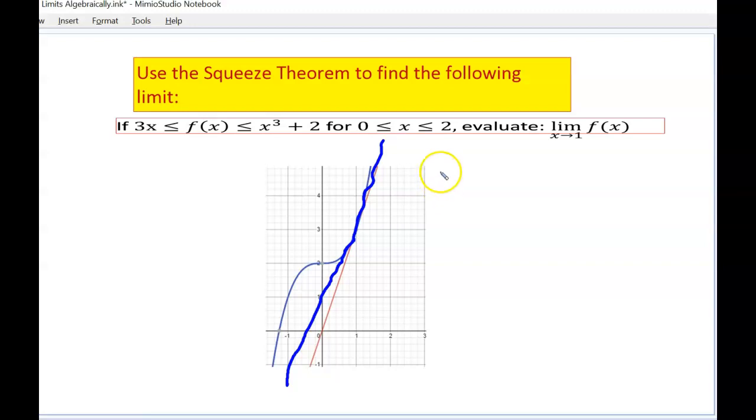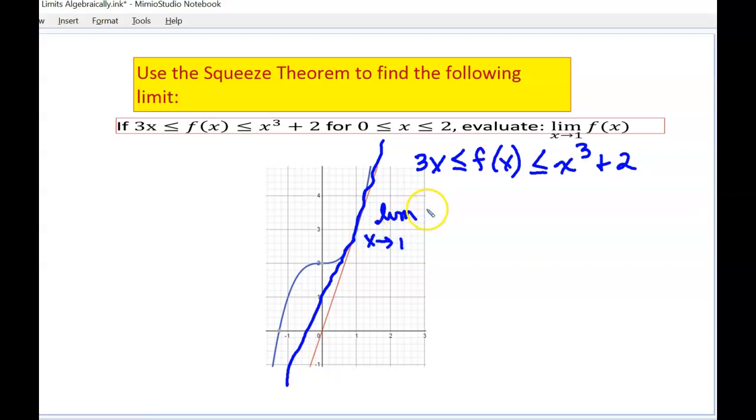We would say that 3x is less than or equal to my function f of x, which is less than or equal to x cubed plus 2. Now we're going to find the limit as x approaches 1 of all three of these.